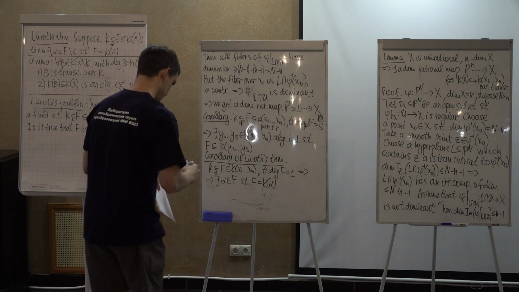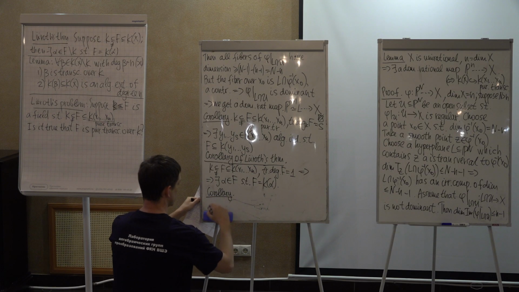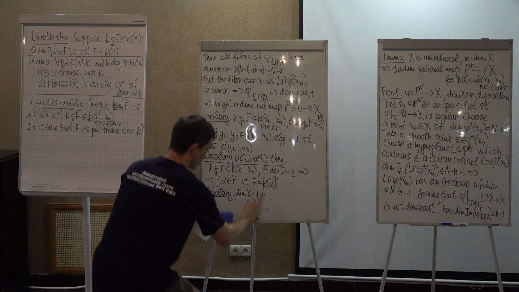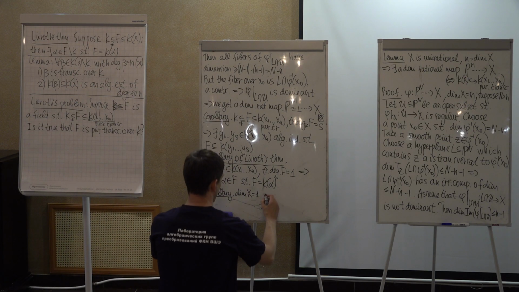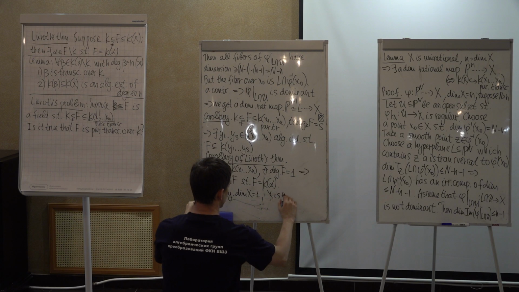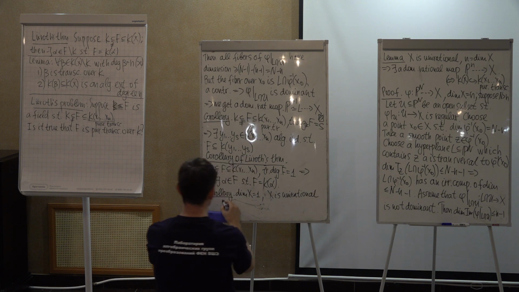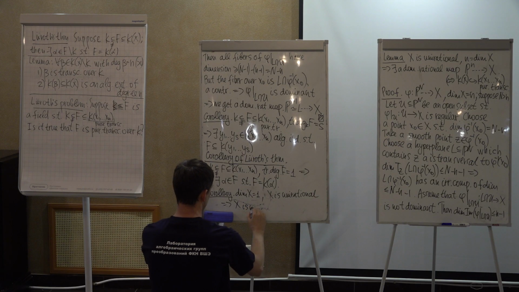And again, one useful consequence in algebraic geometry. If we have such an X which is a curve, and X is unirational, then we automatically have that X is rational.